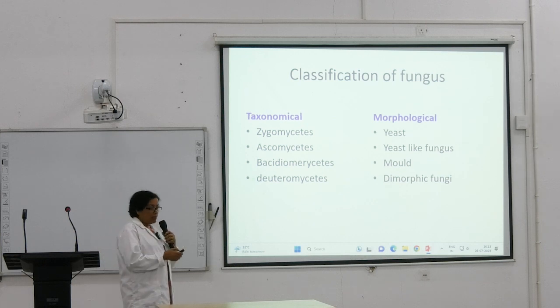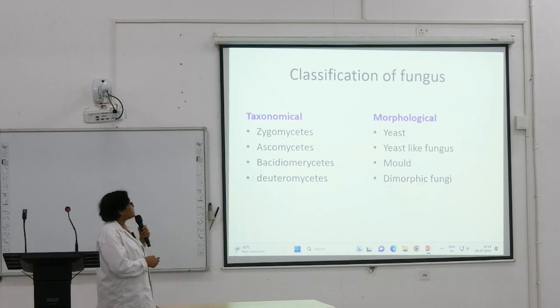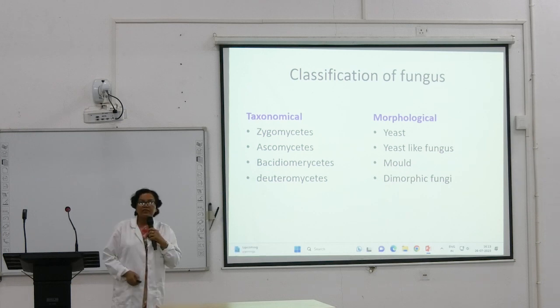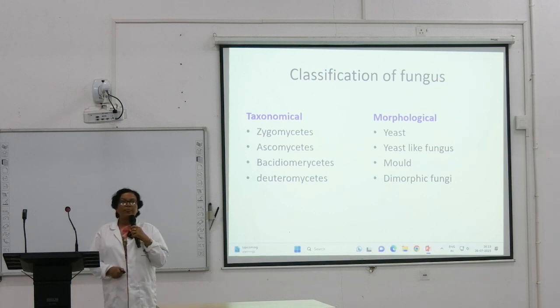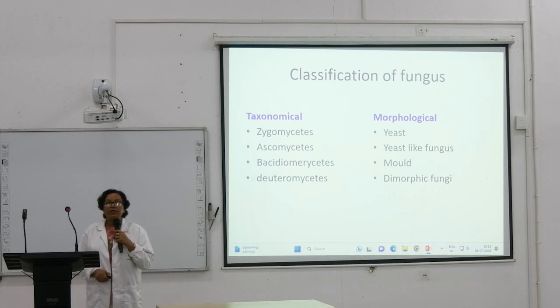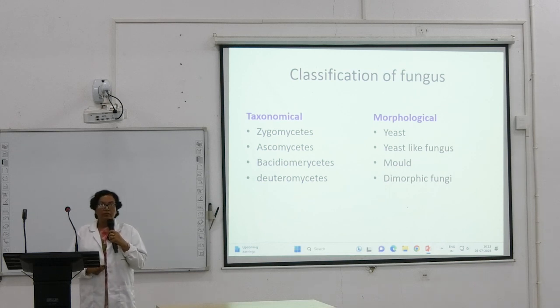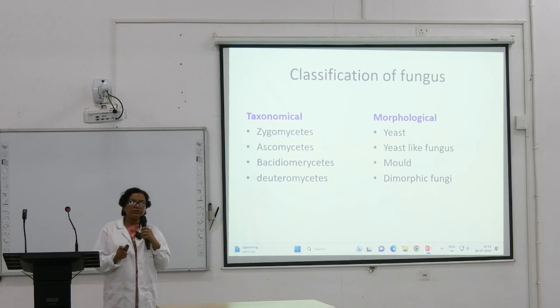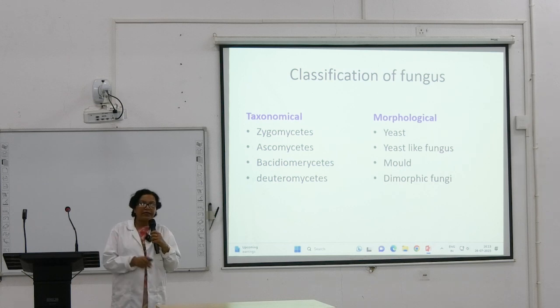Now, morphological classification: one is yeast, one is yeast-like fungus, one is mold, one is dimorphic fungus. My topic today is dimorphic fungus. So, what is the meaning of dimorphic? Di is two, morphic means morphology. It has two types of morphology at defined temperatures.